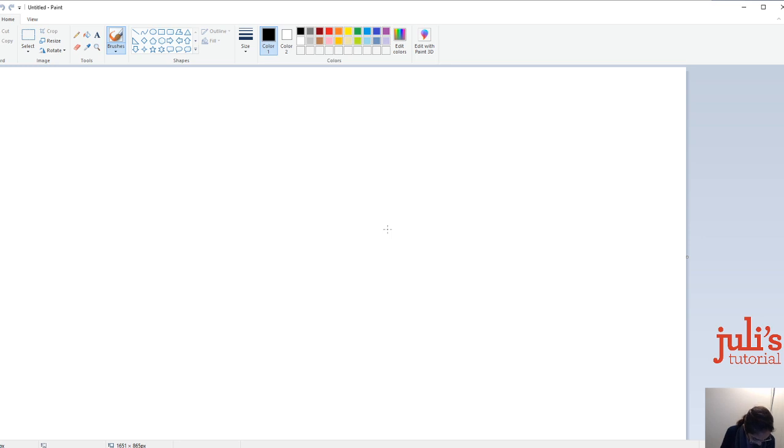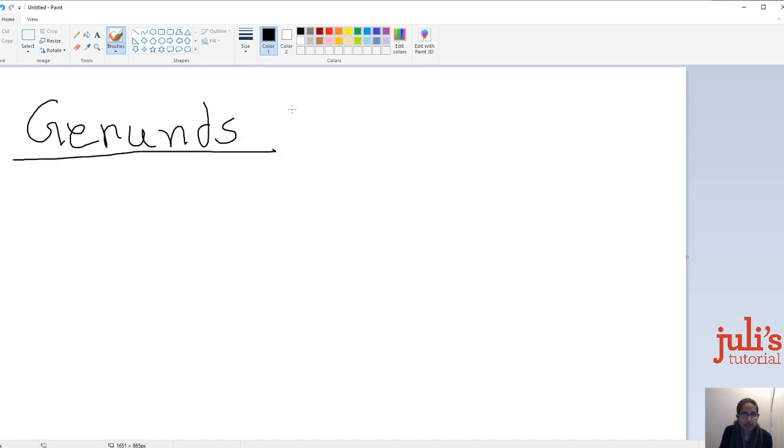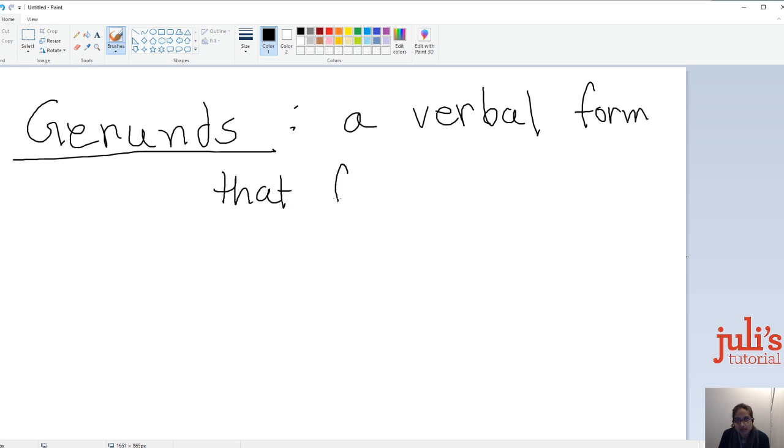The next one that we are going to go through is gerunds, the other type of verbal that we're working on today. So this is a verbal form that functions as a noun.